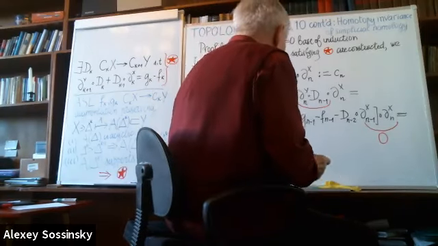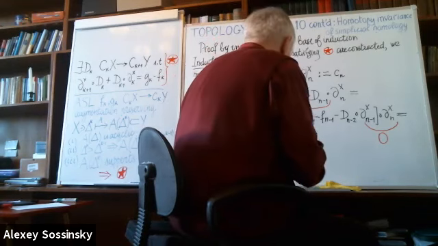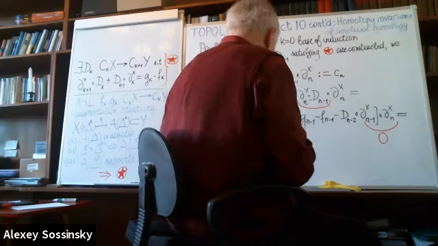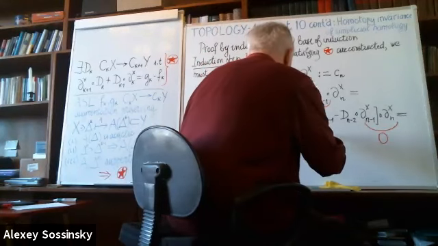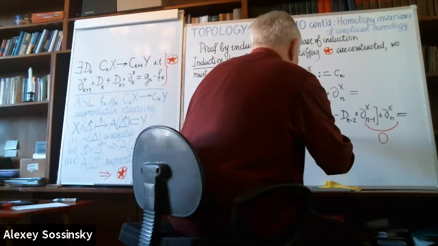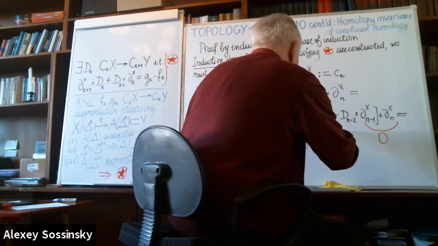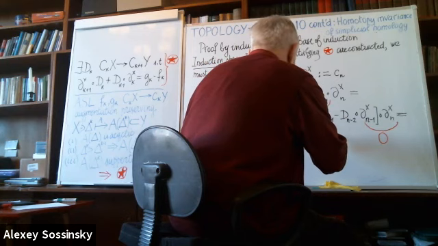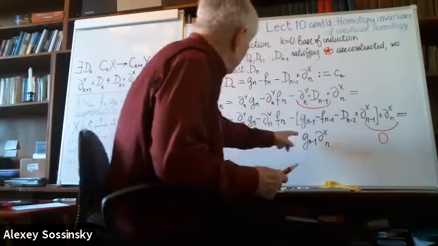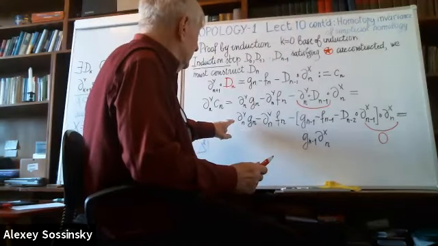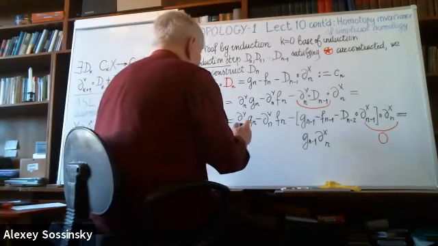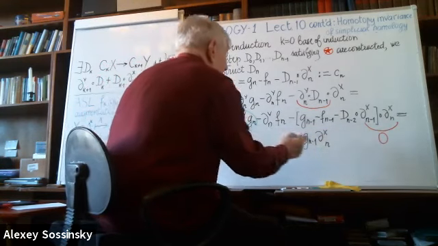And now here we have g n minus 1 d x n, and let's compare these two things, this and this.